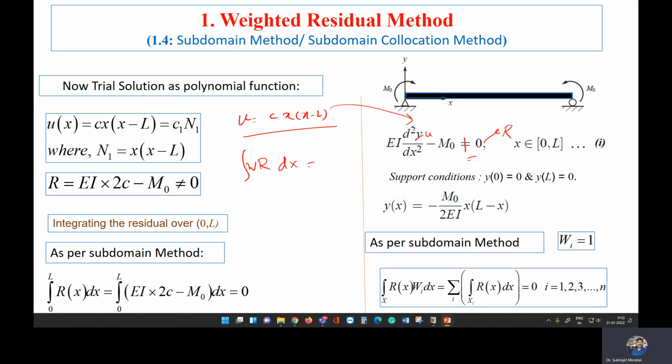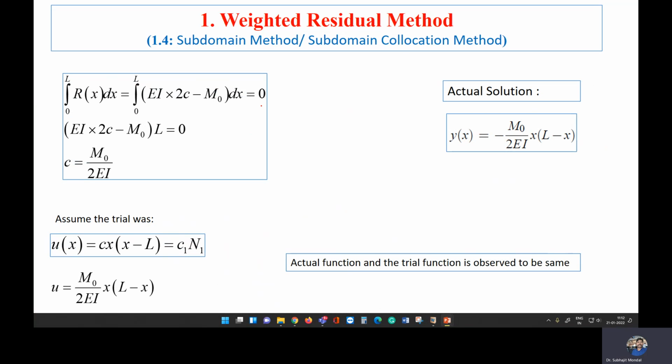Here the weight function w is equal to 1. Since we have only one subdomain, 0 to L, we make the error 0 in this domain. Once we do the integration and make it 0, the value of C comes as M0 by 2EI.